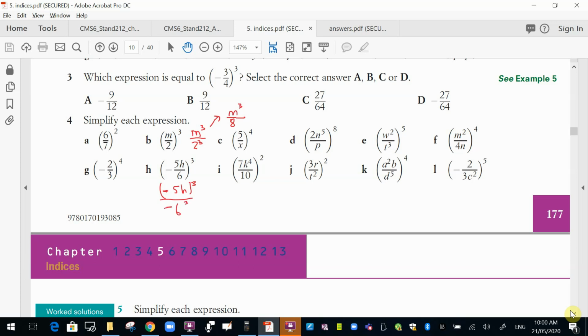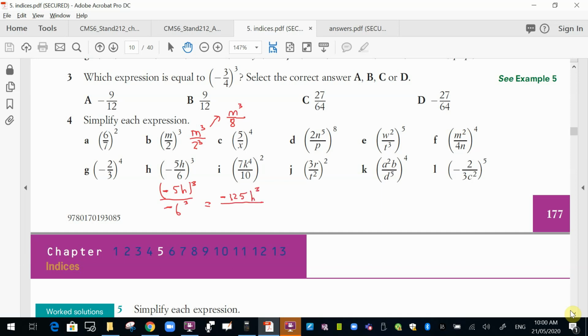Now what you shouldn't do is do a negative for both, and I'll show you why. We have negative 5 cubed. When you cube a negative, it ends up being a negative, and that's 125, and h cubed.